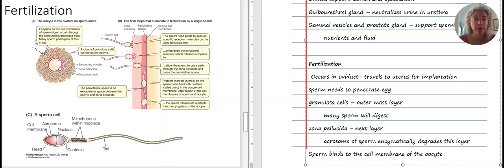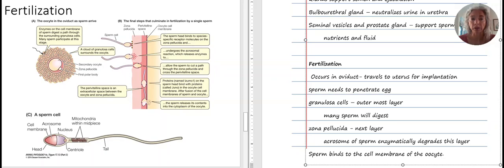That is depicted over here, where there is this cloud of granulosa cells surrounding that oocyte. The sperm have enzymes that help forge a path through these layers. Those enzymes are located in the acrosome, which is right here at the head of the sperm.